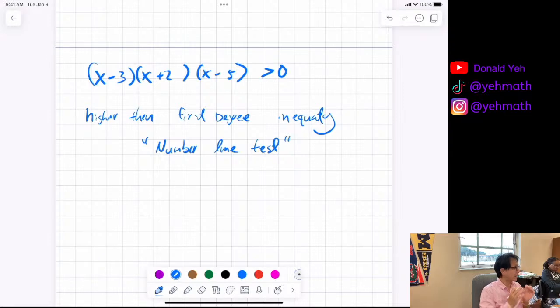You have to write down stuff, because it's anything higher than the first degree.